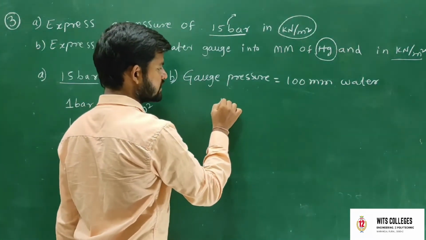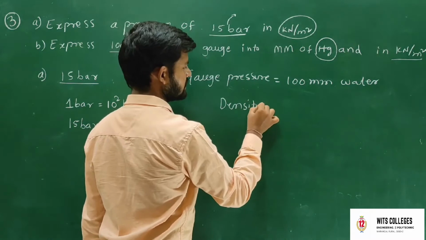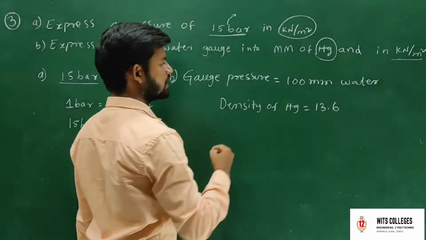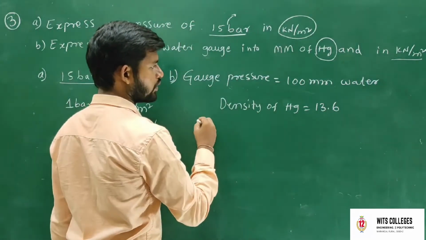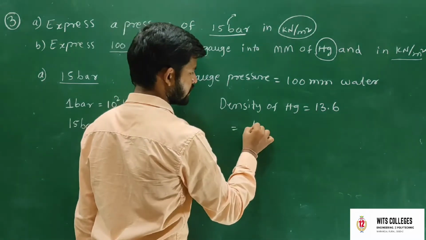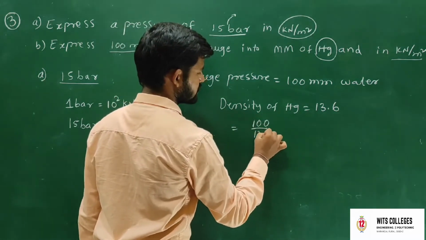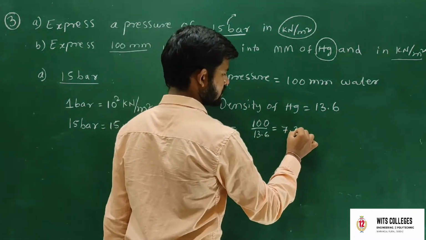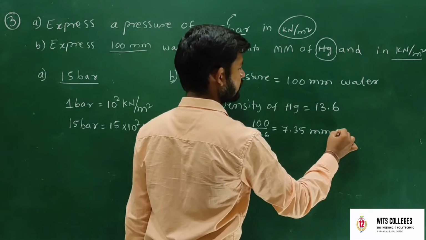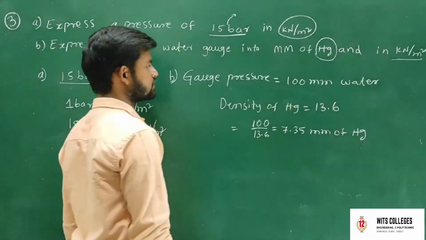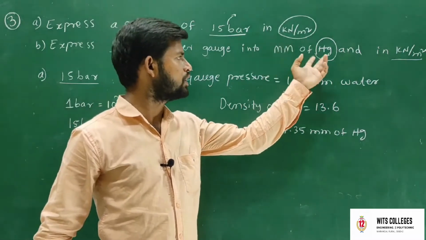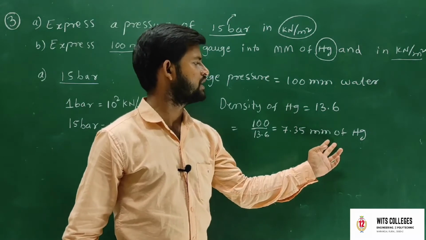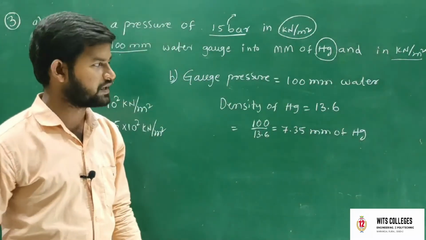The density of Hg is 13.6. So 100 mm of water is 100 by 13.6, which is approximately 7.35 mm of Hg. Next, this 7.35 mm of Hg will be converted into kilonewtons per meter square.